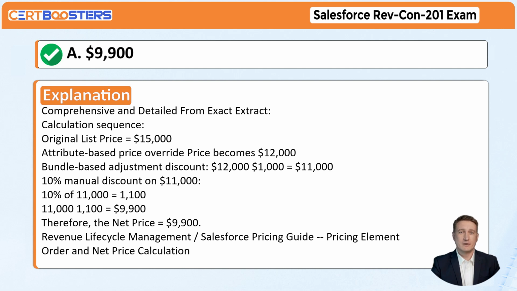Bundle-based adjustment discount, $12,000 minus $1,000, $11,000. 10% manual discount on $11,000. 10% of $11,000 equals $1,100. $11,000 minus $1,100 equals $9,900. Therefore, the net price is $9,900. Revenue Lifecycle Management, Salesforce Pricing Guide, Pricing Element Order, and Net Price Calculation.